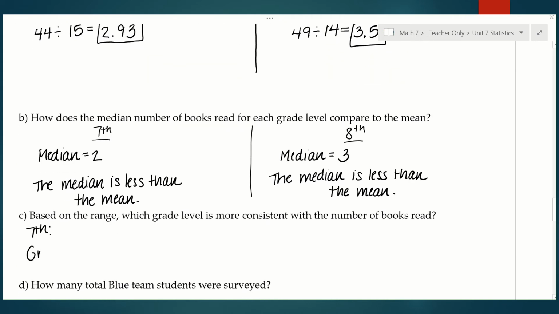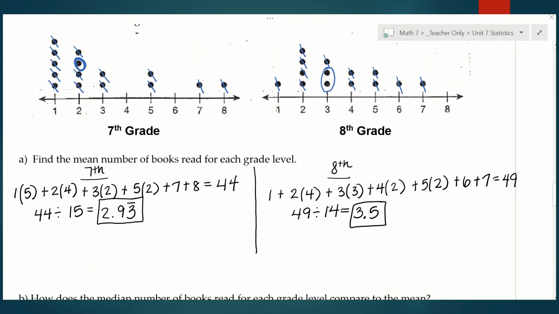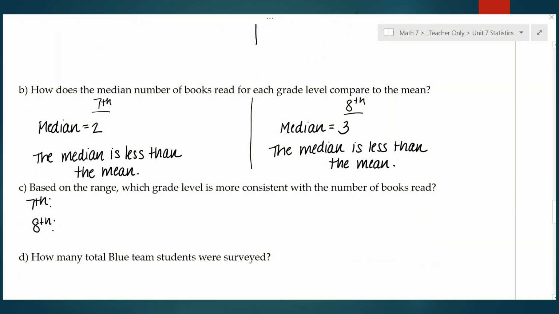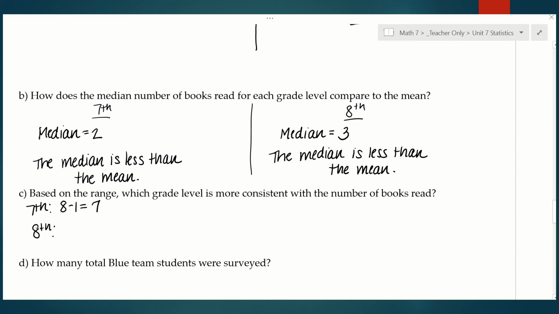7th versus 8th again. And so to get the range, we're looking for the highest number minus the lowest number. So for 7th grade, the highest number was 8 and the lowest number was 1. So that means the range for 7th grade is 7. Let's do the same thing for 8th grade.